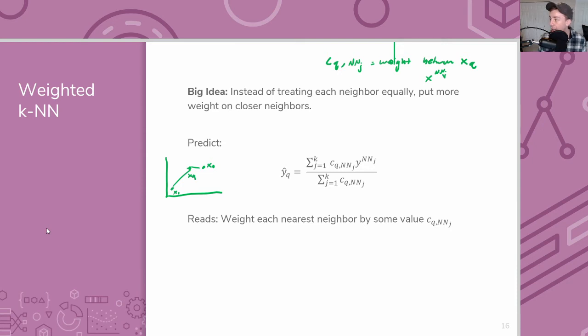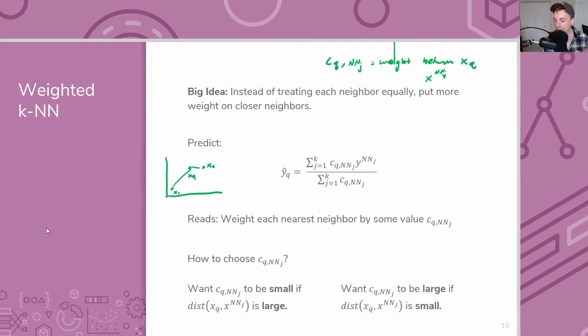The intuition is that because a point is much closer, maybe I want to put more weight on it than on a point further away. So how do you choose these weights? That's going to be a modeling choice. Ideally, if the distance between the two points is large, we want the weight to be small, and if the distance between them is small, we want the weight to be large.